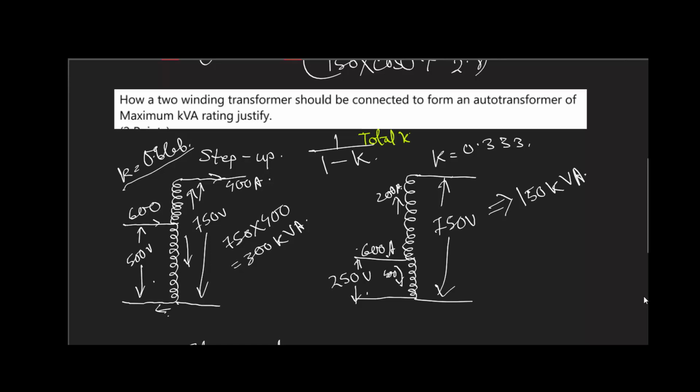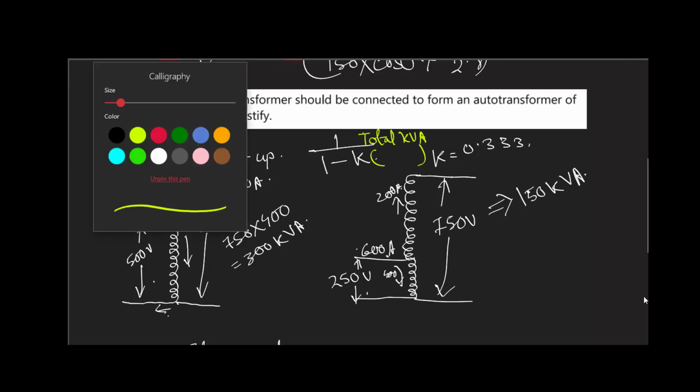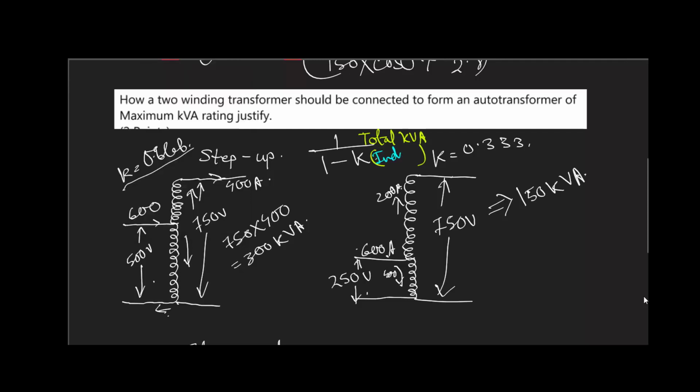Total kVA and inductive kVA. Try to understand this inductive kVA remains same when you connect it in two winding fashion, electrically isolated, or in auto transformer fashion. So you can't do much on that. That part of the power remains constant.